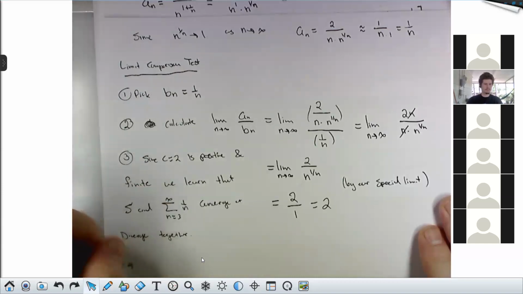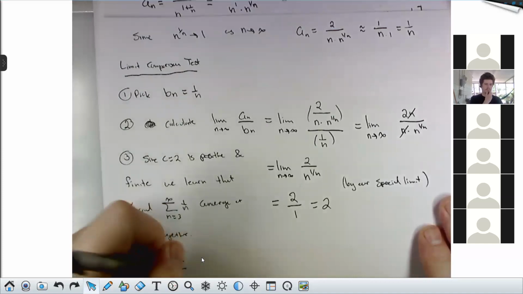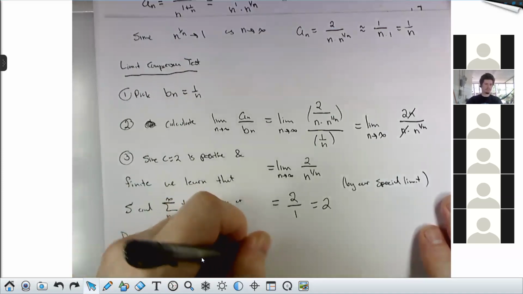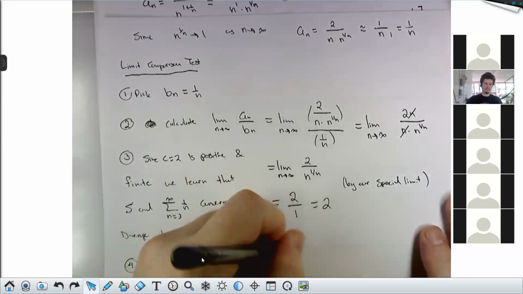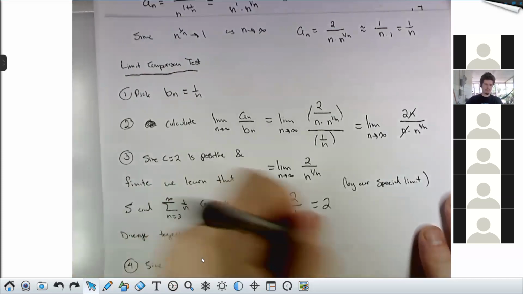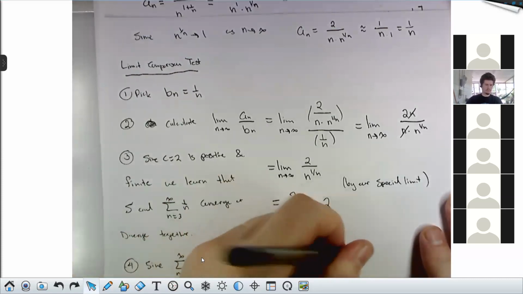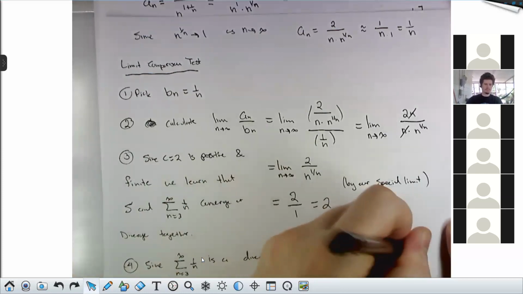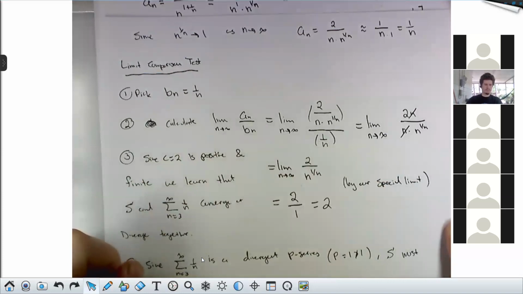And then finally, since the sum from 3 to infinity of 1 over n is a divergent p-series, p is equal to 1, which is not bigger than 1, the series a_n must also diverge. That's the job.